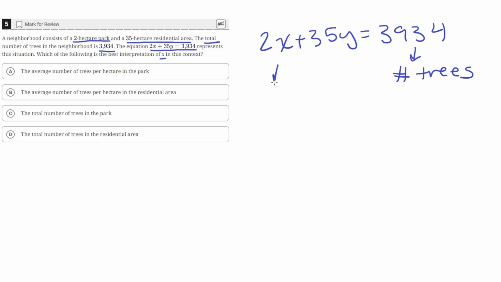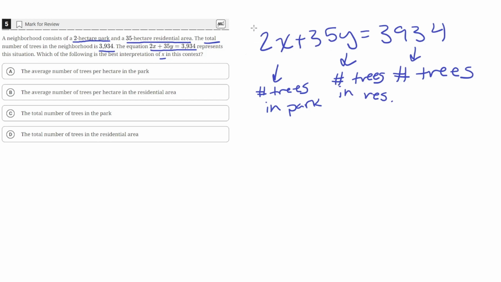So this should represent the number of trees in the park, since it's showing the 2-hectare park here, and then the 35-hectare residential area, number of trees in residential area.